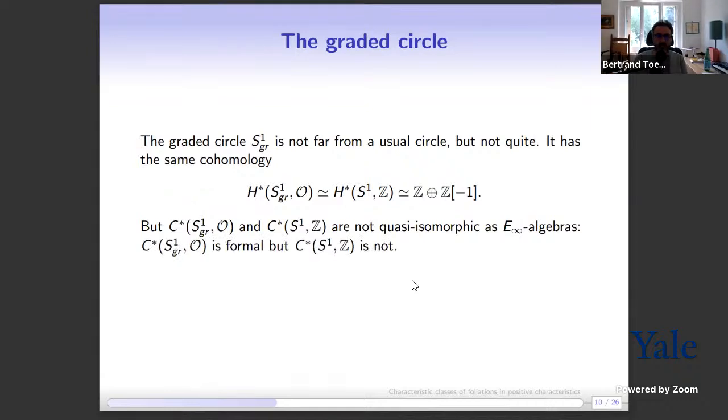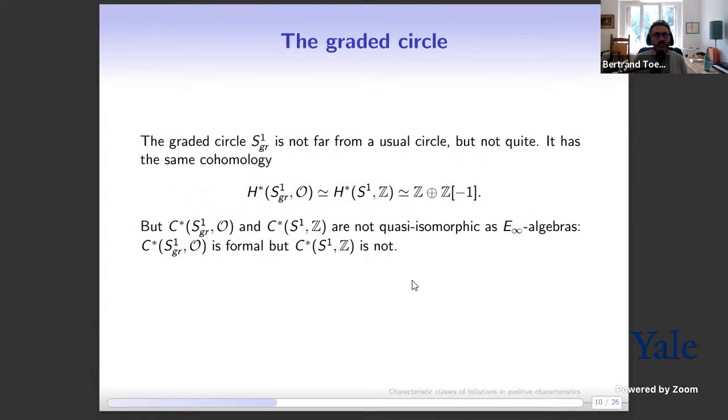The difference is that by construction, the cohomology of the graded circle is formal, so it's equivalent to its cohomology, but the cohomology of the topological circle is not. This is something we've learned, and it's very well known to topologists, that spaces are almost never formal over Z. Formal in the sense of rational homotopy theory.